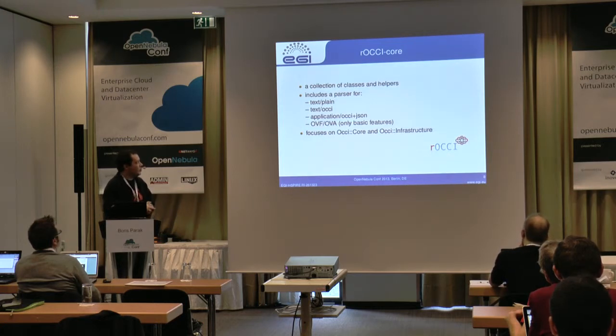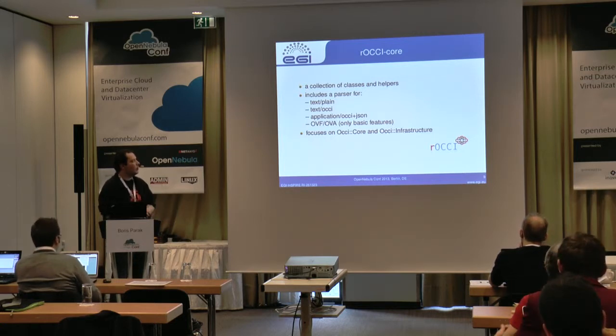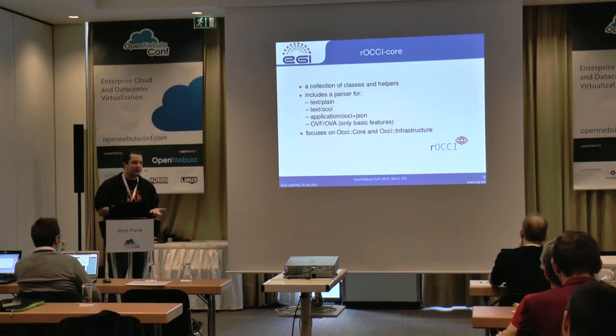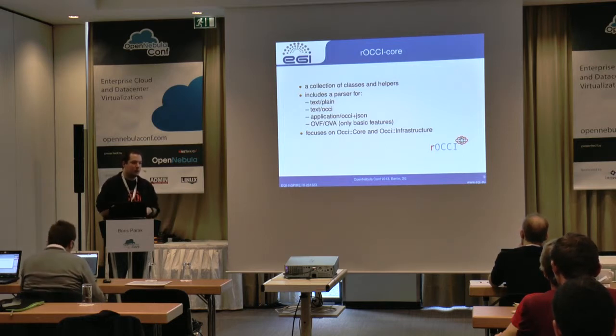Now I will talk to you about some of those elements distributed as the rOCCI framework. So rOCCI core is basically a collection of classes. It doesn't do much, but it will allow you to implement your own functionality on top of OCCI.